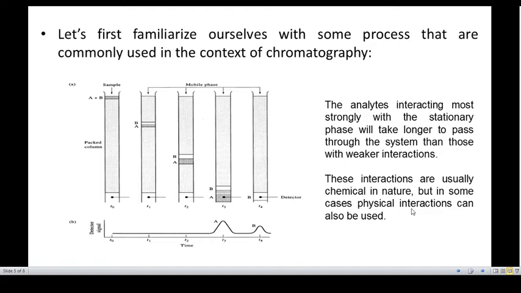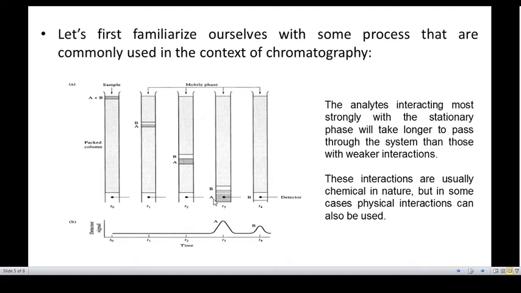Now, if you can see here, A plus B is a mixture in the sample. It is introduced into the column containing a stationary phase. Component A, which is less bound, is carried forward. Component B, which is strongly interacting with the stationary phase, will remain there for a longer time.